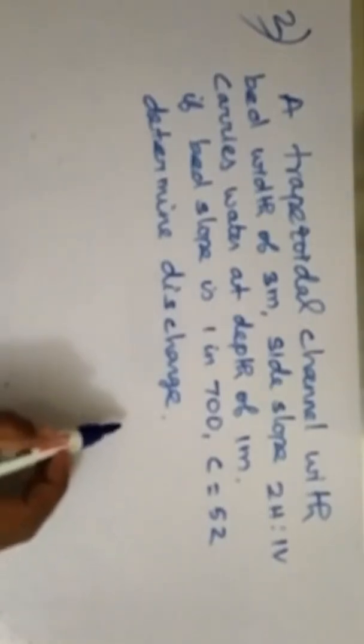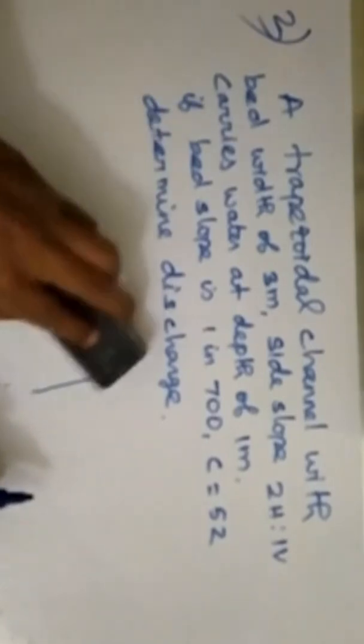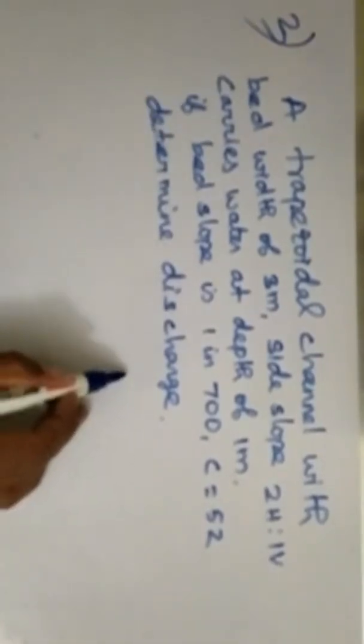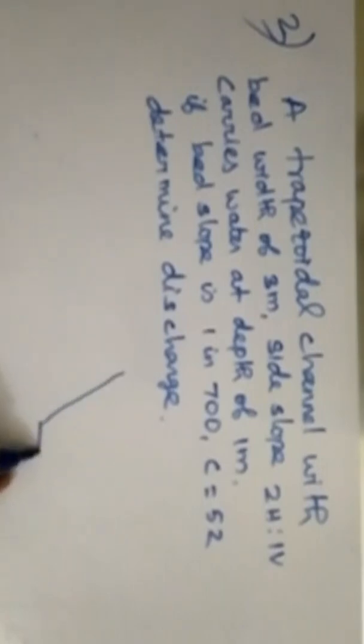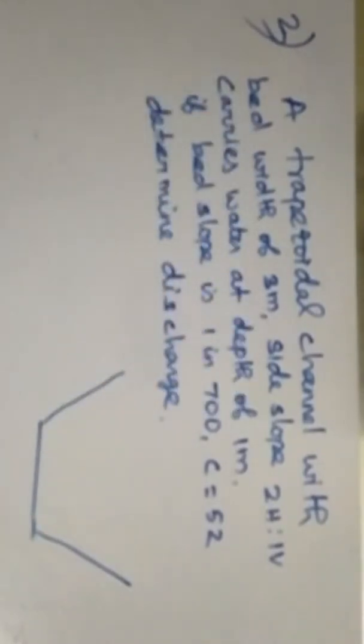For this case, first we have to draw the diagram. Only after drawing the diagram can we solve the problem. It's a trapezium section, so I am drawing a trapezoidal shape. Bed width is entirely different from top width.